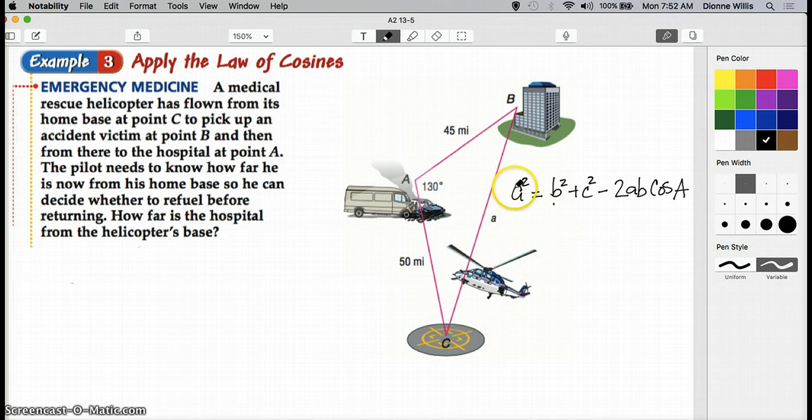I don't know if that's helpful, but let's go ahead and do it. So A squared is equal to B, in this case, 50 squared, plus C, which is 45 squared, minus 2 times the product of those two large numbers, 50 and 45, times the cosine of A, which is 130 degrees.